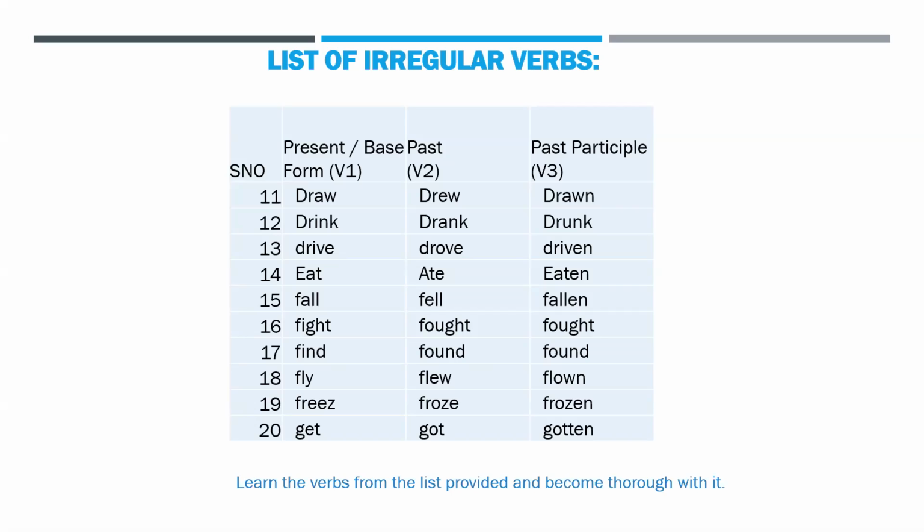Then you have get, it becomes got: V2 is got and V3 is gotten. Then you have many more, like ride: you ride a bike, rode, ridden, R-I-D-D-E-N, right? V2 is rode and V3 is ridden, right?